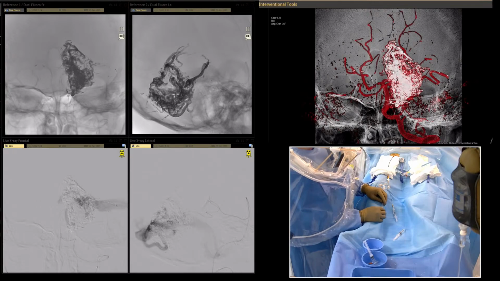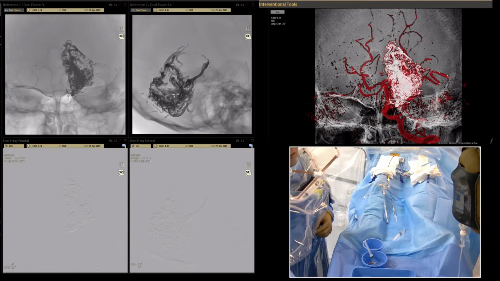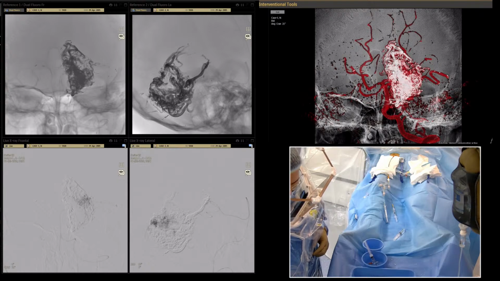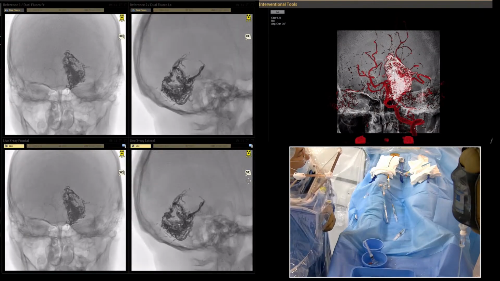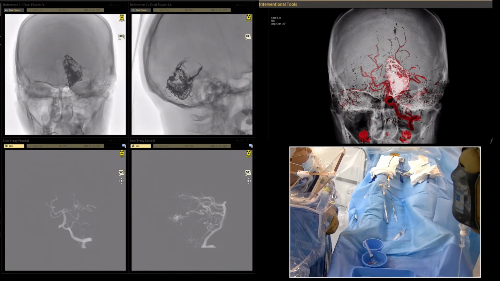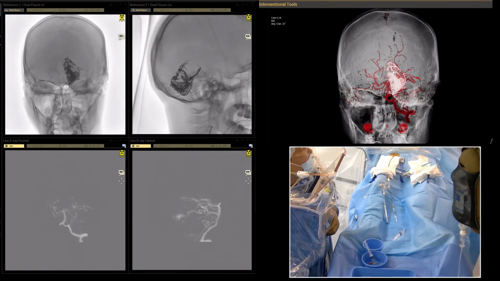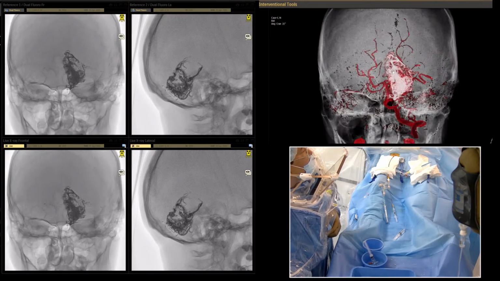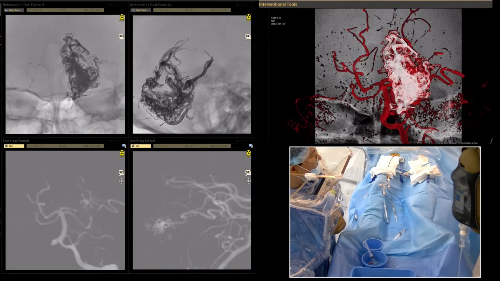Yes, it's close to the nidus. I need to check my guiding. I think the guiding is nicely placed.